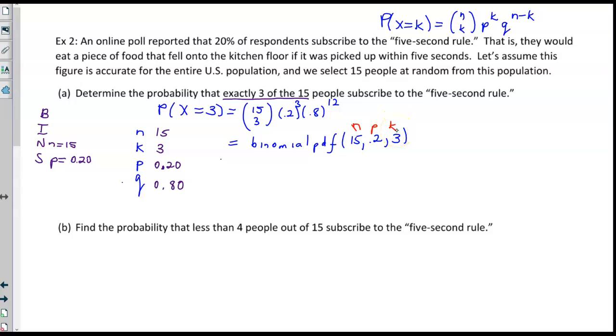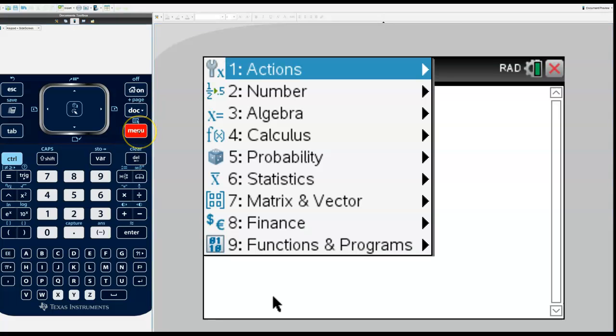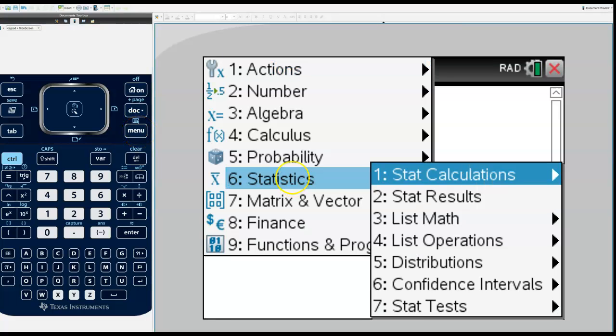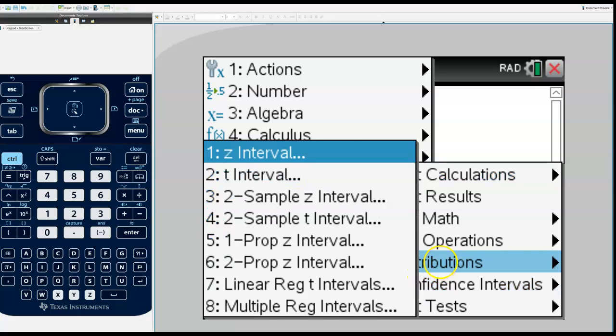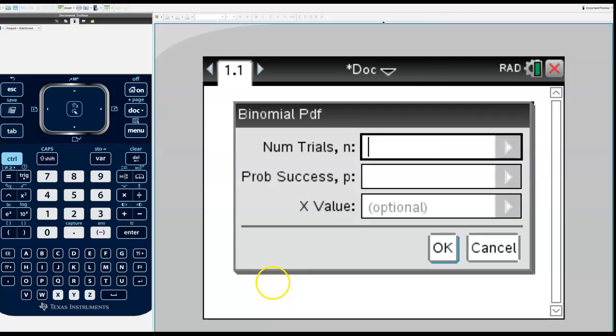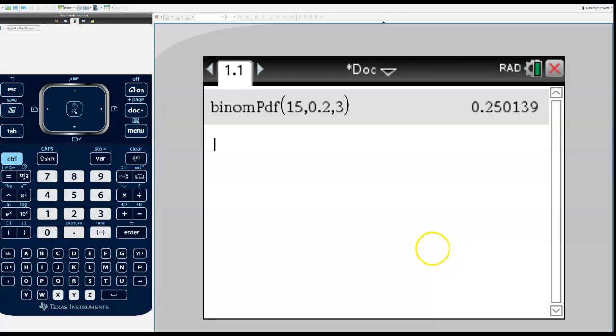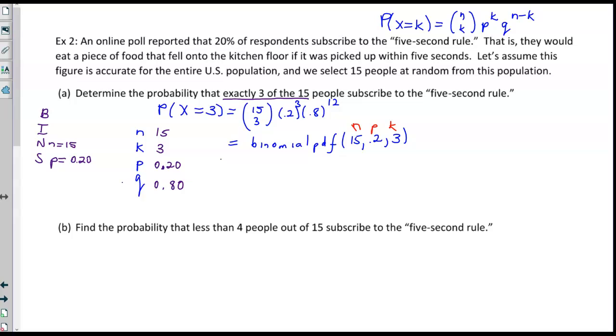And now let's enter it in the calculator. I'm on a fresh calculator page. I hit Menu, Statistics, Distributions, and it's option A. I type in 15, 0.2 and 3, and I hit OK. And I get 0.2501. You should carry things out to a minimum of 3 to 4 places.